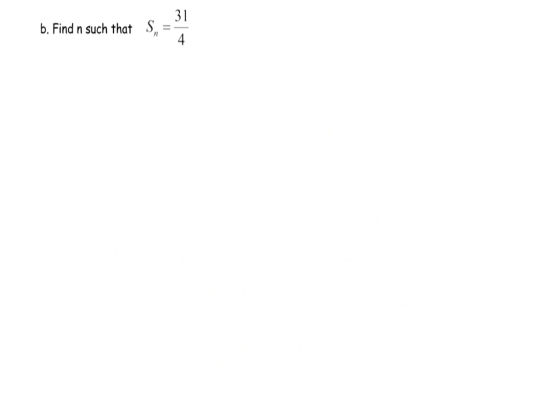In part B, we need to find n if the sum is 31/4. So again, I'm going to start by writing the formula. The sum of n terms is a1 times 1 minus r to the n power over 1 minus r.